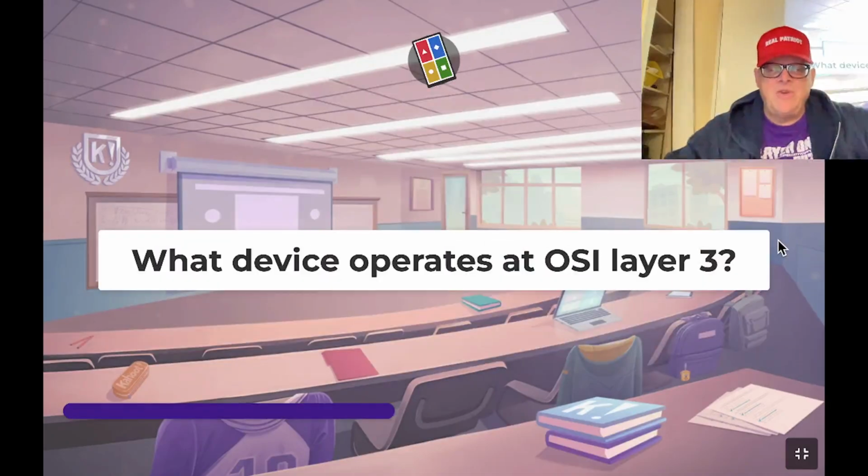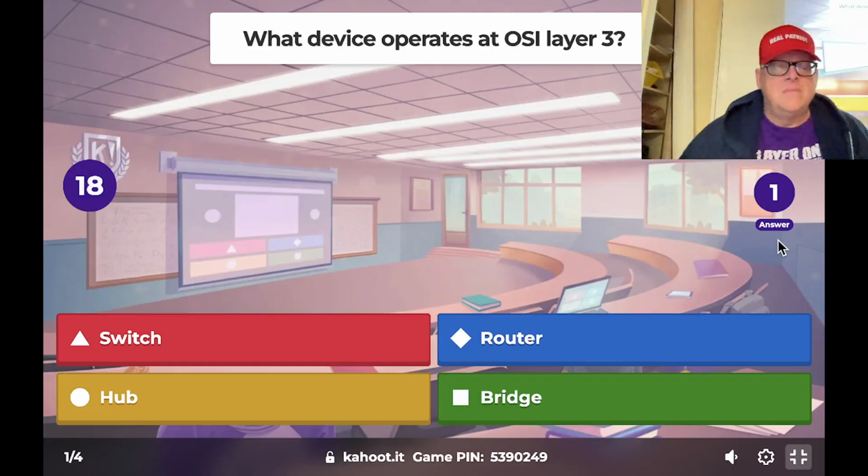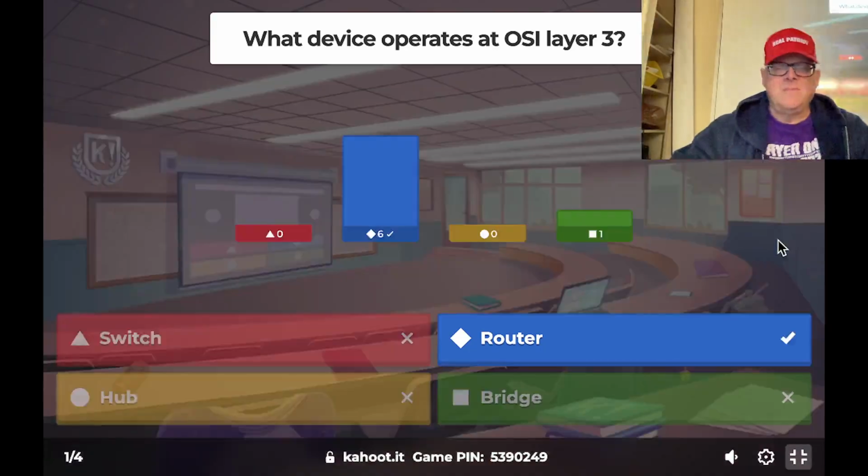All right, so which device runs at layer 3? Those are routers, all right. Good.